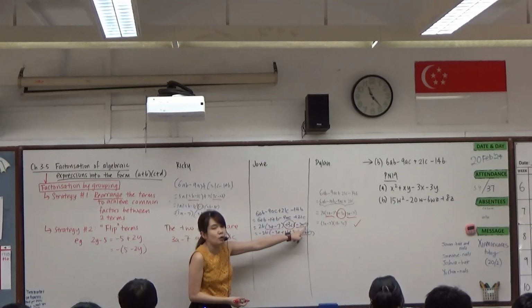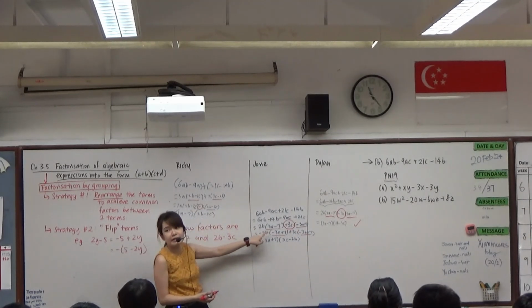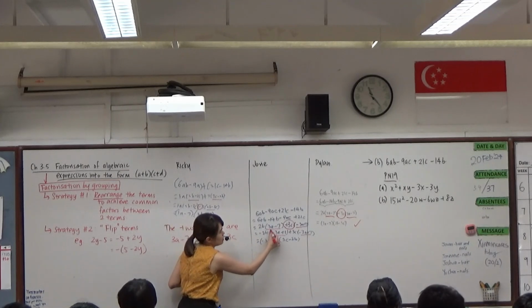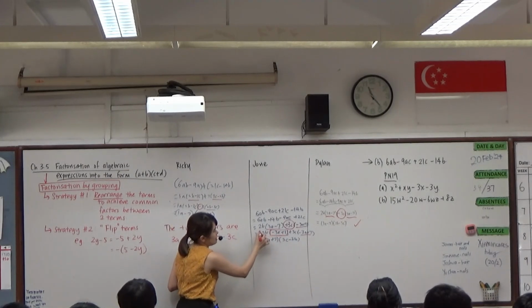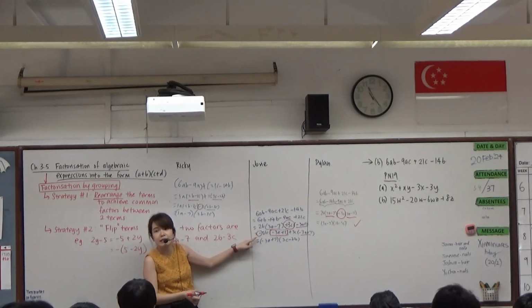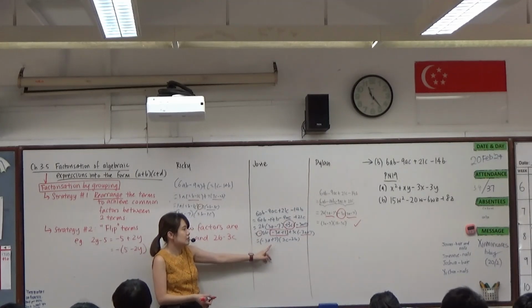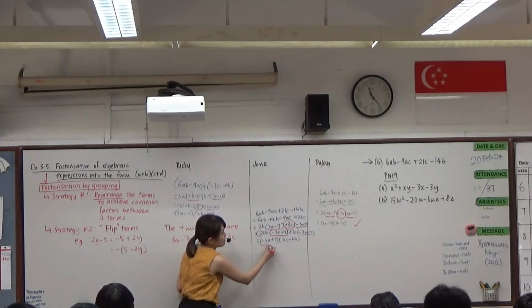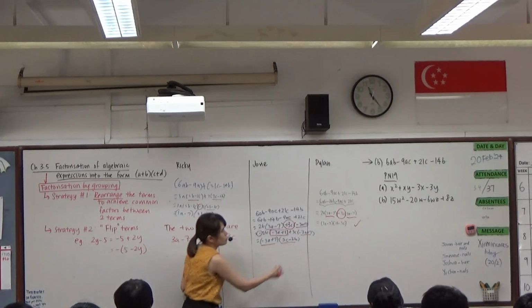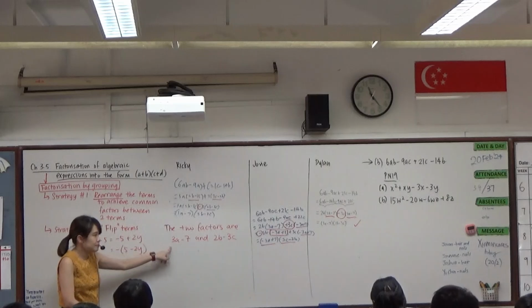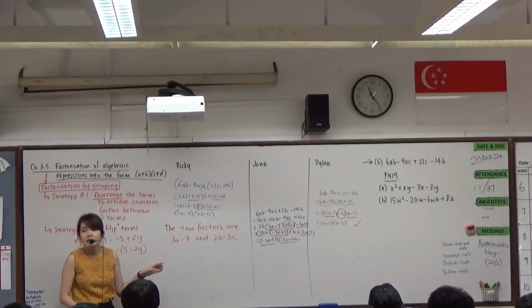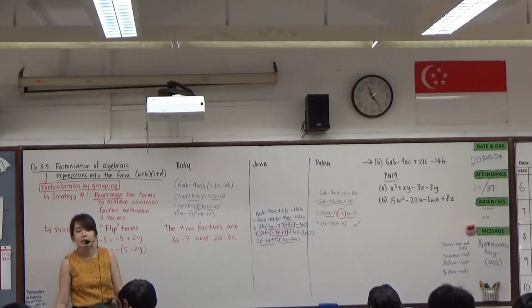So instead of flipping on the right, she flipped the one on the left side. So to get this negative 3a plus 7, there's a minus sign appearing on the outside here, which is fine as well. Then she got the answer, which is the same. Negative 3a plus 7 and 3a minus 2b. While they don't look the same, they actually imply the same thing. It's just because of the negative sign.